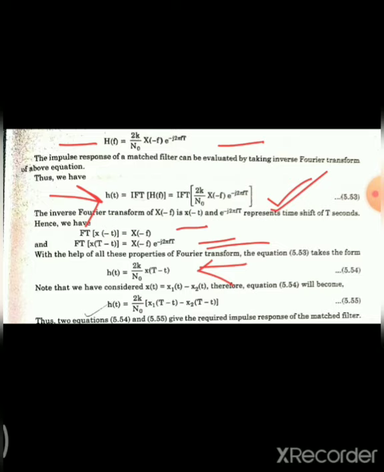So for x(T minus t), we will be substituting x1(T minus t) minus x2(T minus t). So the final equation will be 2k by N0 times x1(T minus t) minus x2(T minus t). This is the required expression which gives the impulse response of the matched filter.